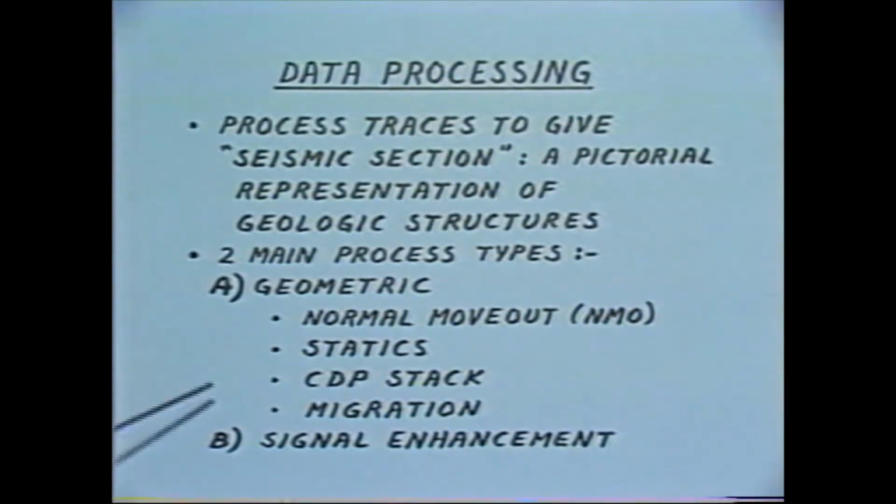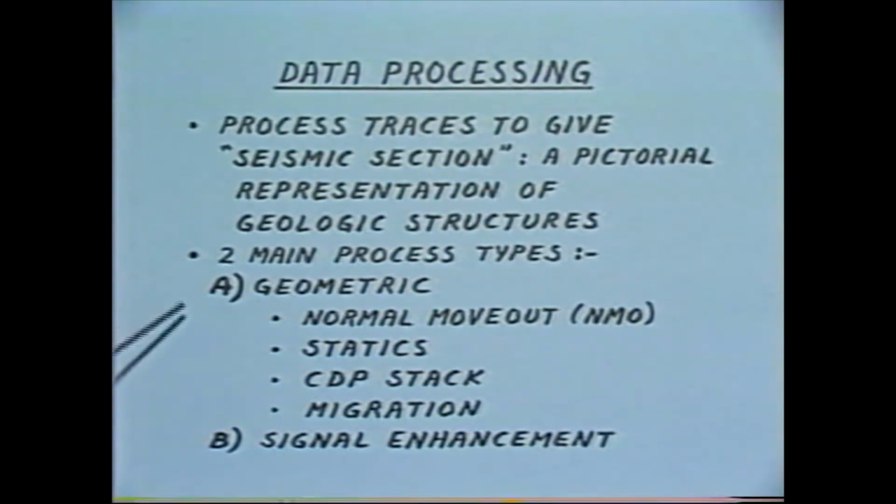The other group of processes are the signal enhancement processes, which are mainly concerned with removing the unwanted reflection events and other events such as noise from the seismic data to give a clearer picture of the primary reflections on the data.